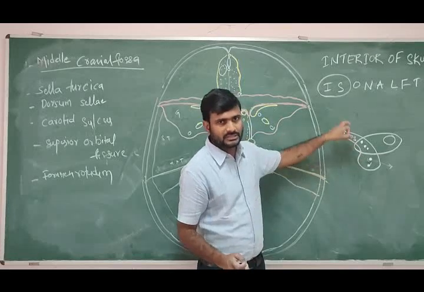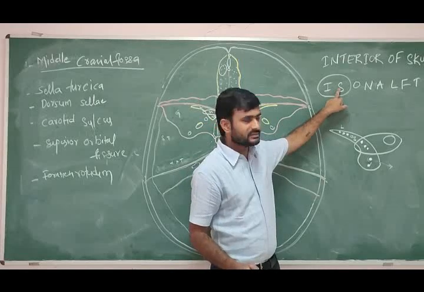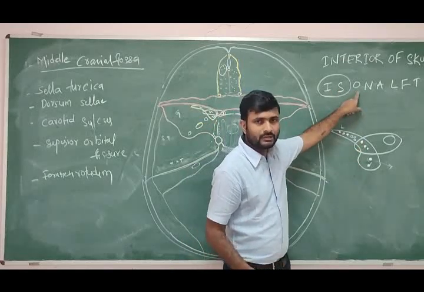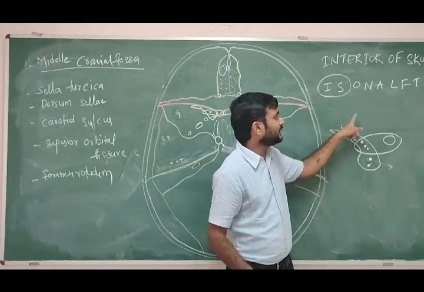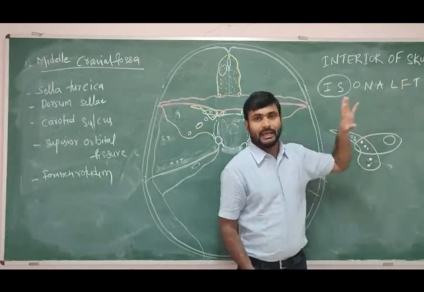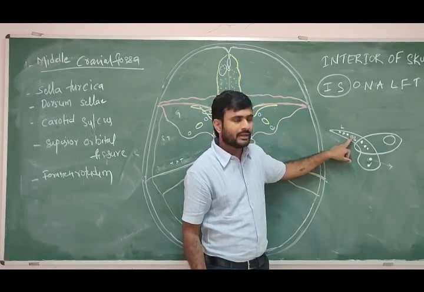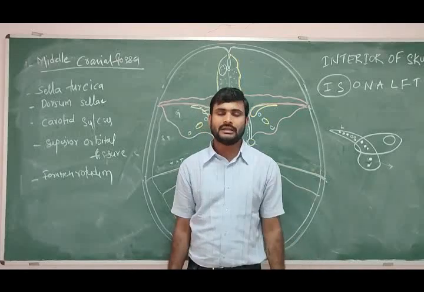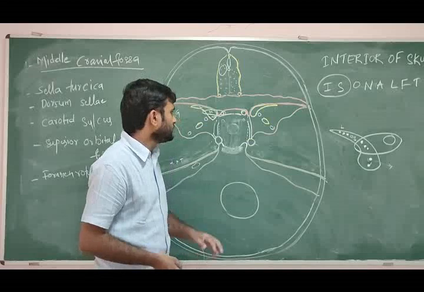In the medial part, two structures pass: the inferior ophthalmic vein and the sympathetic plexus. In the middle part, the oculomotor nerve, nasociliary nerve, and the abducens nerve. And in the most lateral part, lacrimal, frontal, and trochlear, along with the superior ophthalmic vein, the lacrimal artery and the middle meningeal artery. These are the structures passing through the superior orbital fissure.